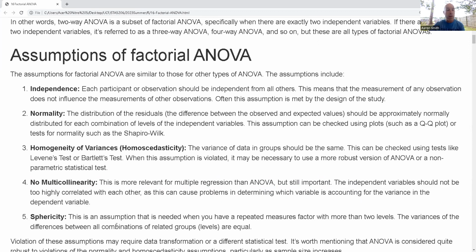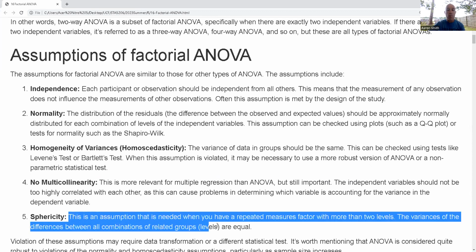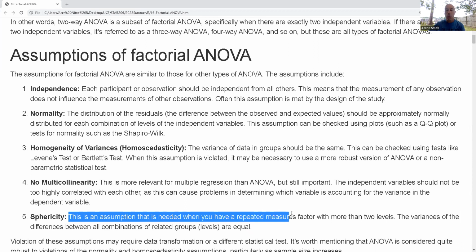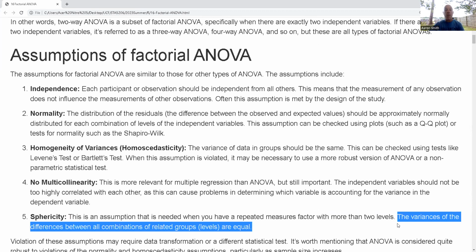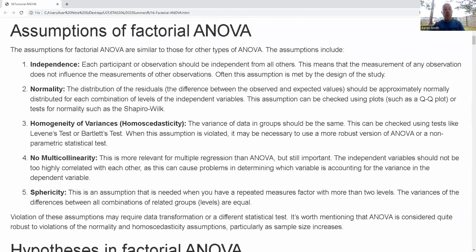Now, the next one is sphericity. This is an assumption that is needed when you have a repeated measures factor with more than 2 levels. The variances of the differences between all combinations of related groups are equal to each other. Violations of these assumptions may require the data to be transformed, or we use a different statistical test, like a non-parametric test.